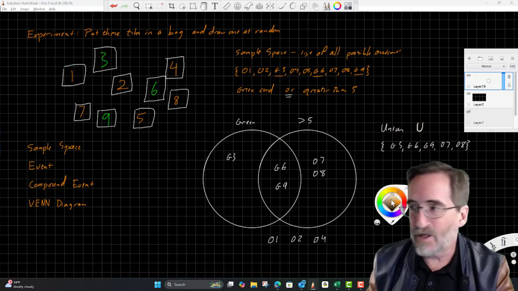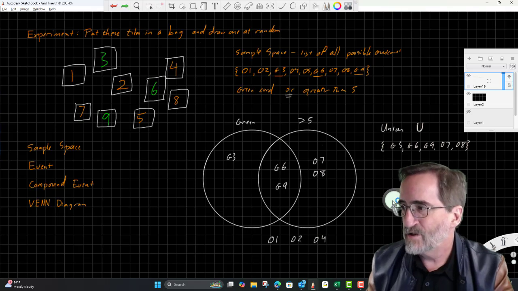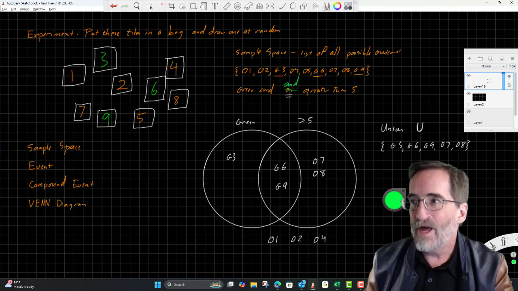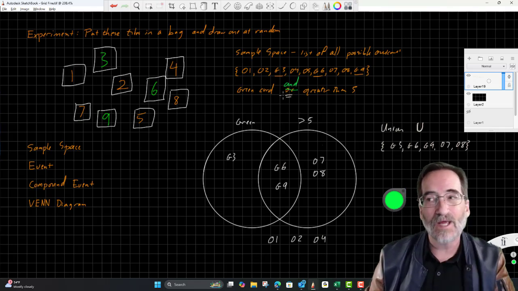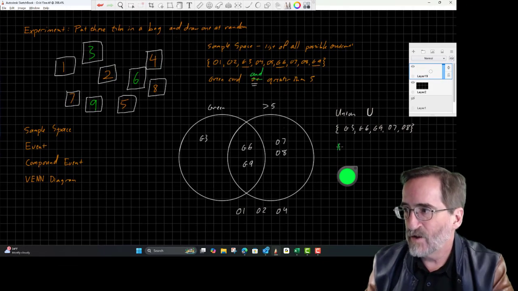Now let me change things a little bit. I'm going to change to a green color here, and change the word or to and. Now both must be true at the same time. That's known as an intersection.